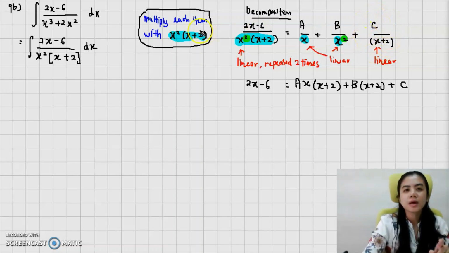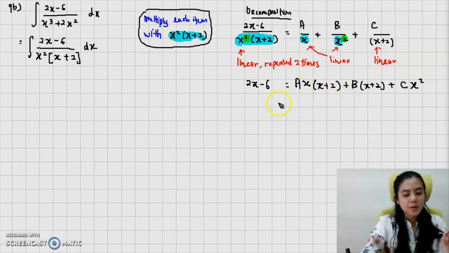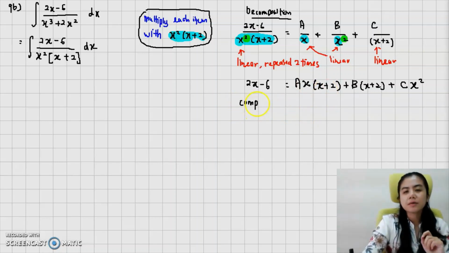This item multiplied with this, the x plus 2 can cancel out with x plus 2 here, so the thing that remains is x squared. You can leave it this way, or you may expand this to another line, but usually I will leave it. I'm going to compare the left hand side and right hand side directly. So let's compare left and right.